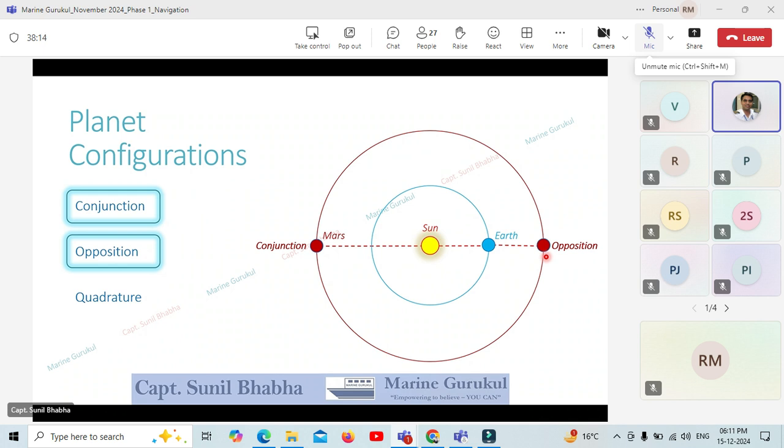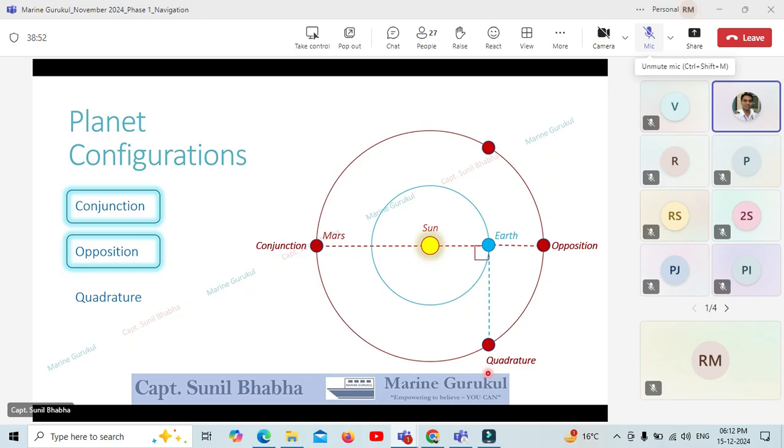Now let's assume that the planet keeps on moving in its orbit with some relative speed, and at another particular instant we observe that the planet Mars is at this particular location in its orbit. Now if you observe planet Mars carefully, you see the direction in which the planet Mars is, is at right angles to the direction in which the sun is. So whenever a planet is at right angles to the direction in which the sun is, it is called quadrature.